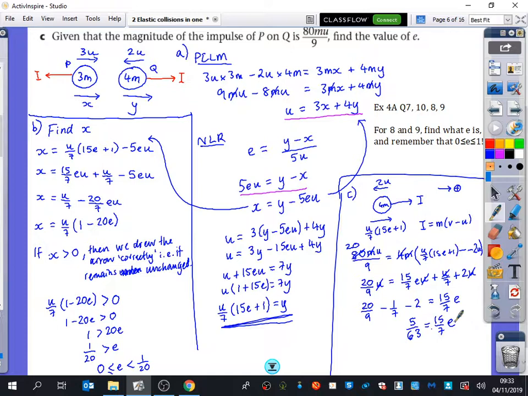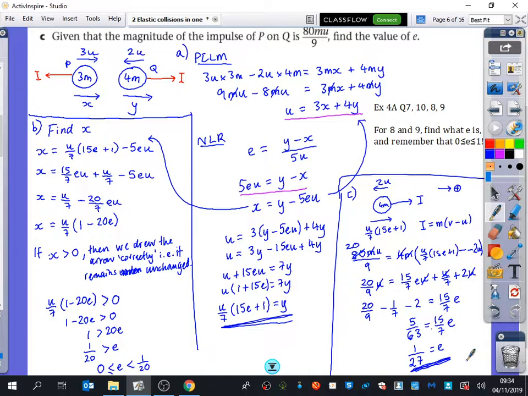Let's multiply by 7 and divide by 15, and we get that e, I'm hoping you've got this as well, is equal to 1 over 27.